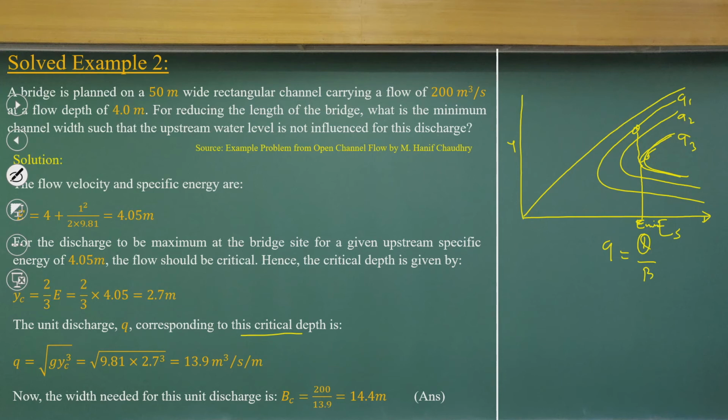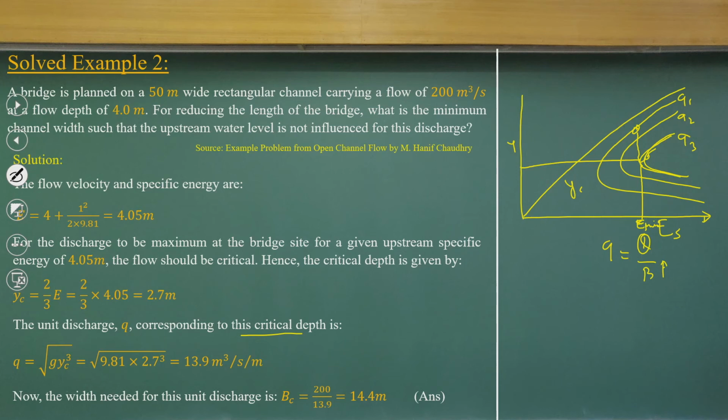As I keep reducing the B width, my discharge curve is going down and down, and it will reach a point where that discharge meets E minimum. After that, flow does not occur. That means for that discharge, it is the critical depth.